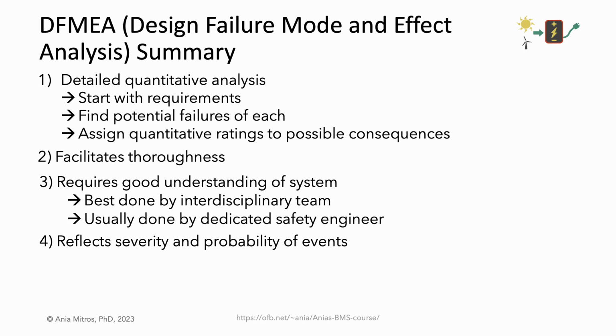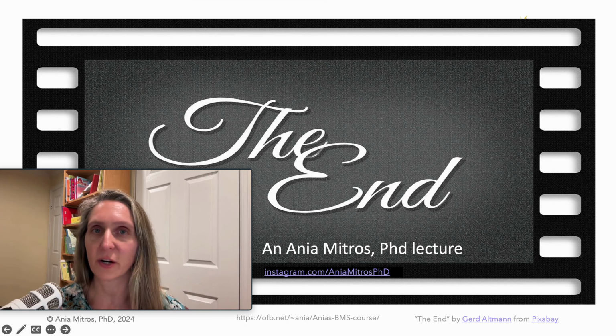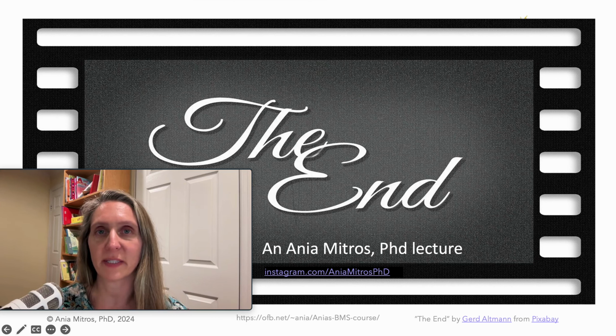FMEA reflects the severity and probability of events, and in that, goes beyond fault tree analysis. It is most useful for checking that nothing was missed through its very detailed process, and for prioritizing items based on which are most likely to result in severe consequences. This completes the lecture on safety in my Battery Management Systems course.